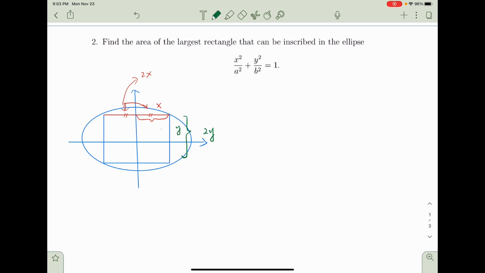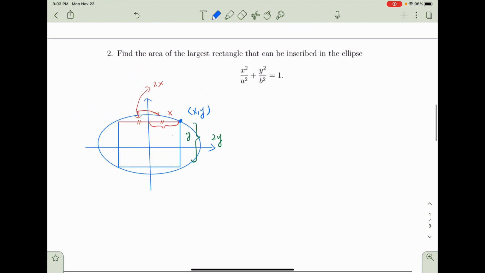And then by our setting here, the coordinate of this point will just become (x, y), right? So we want to move this point so that we can change the shape of this rectangle, and at some point this rectangle will have the largest area.